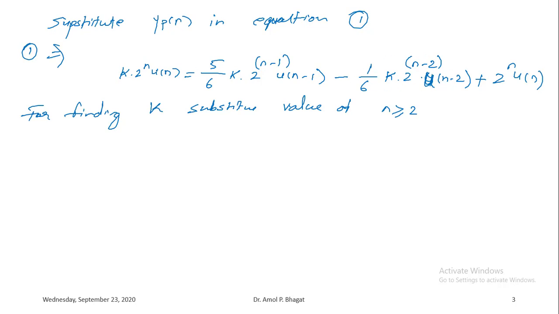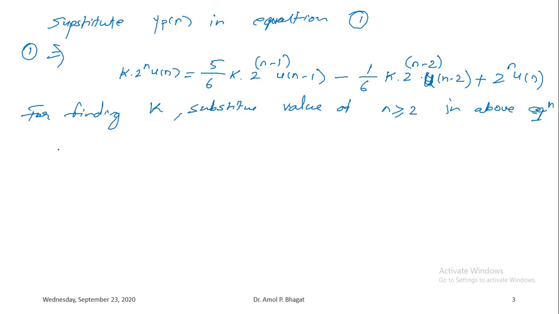But to find the value of k, each one of these terms should exist in this equation. None of the terms should get eliminated. Therefore you can substitute n greater than or equal to 2 in the above equation for finding the value of k.